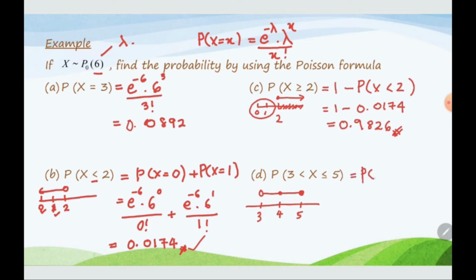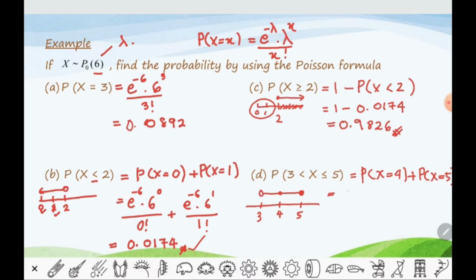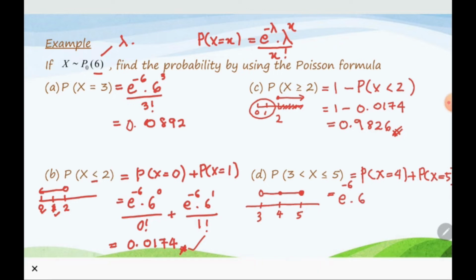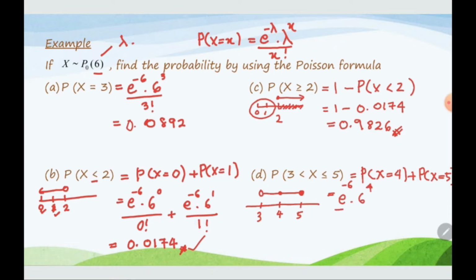So we write P(X = 4) + P(X = 5), and then substitute into the Poisson formula: e^(-6) × 6^4 / 4! + e^(-6) × 6^5 / 5!.